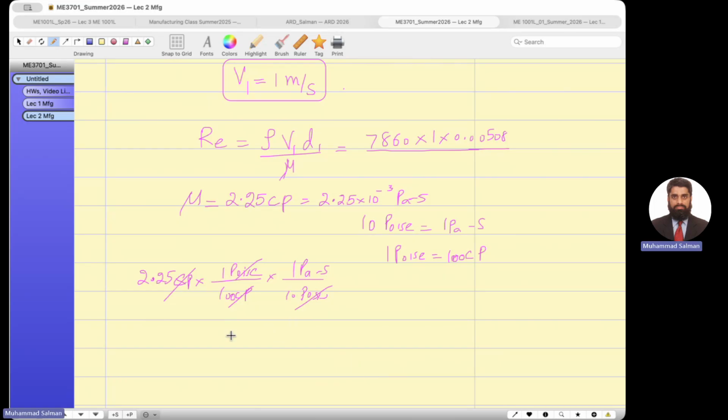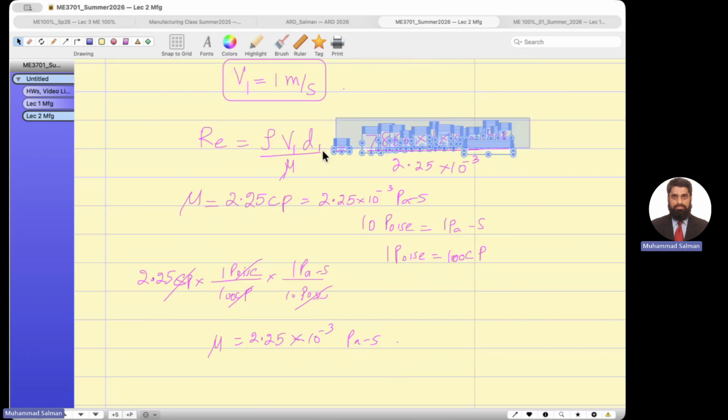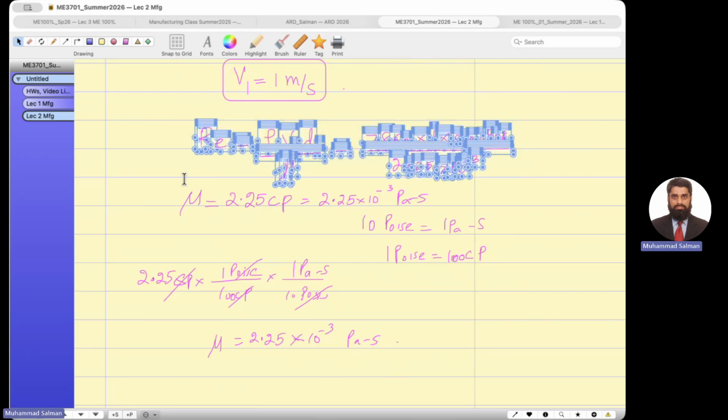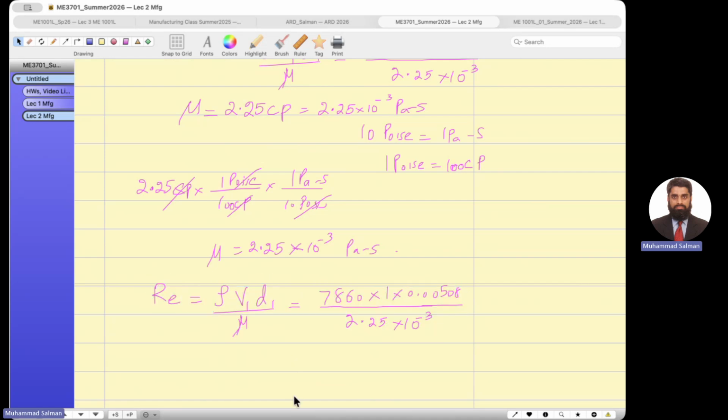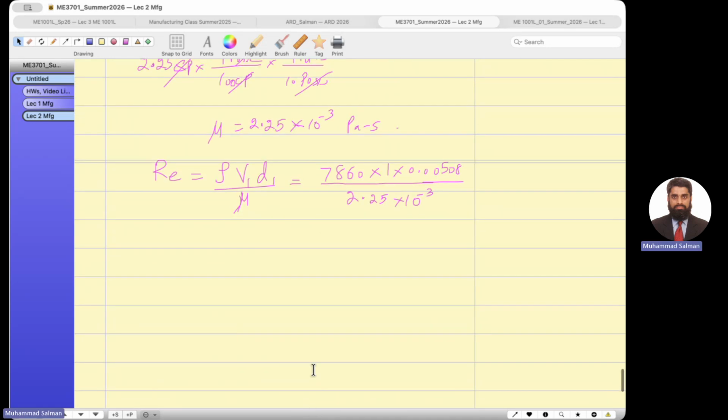Do you understand the mistake? So this is correct now. 2.25 times 10 to the power negative 3 Pascal second. So you plug in this value. And let me know, what do you guys get for the Reynolds number? If you do the math, is it less than 20,000?